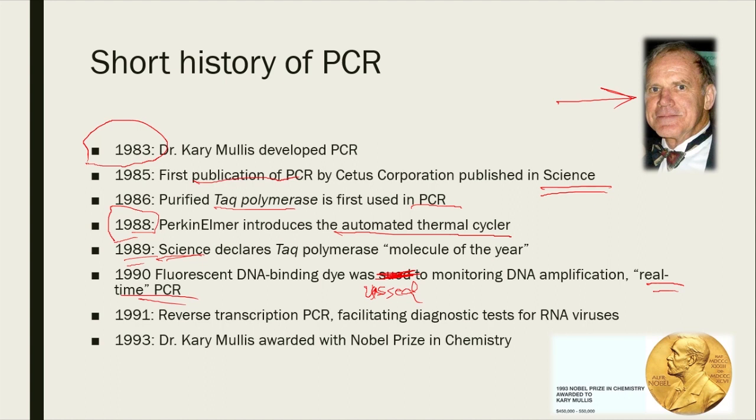And further down we have reverse transcription PCR. This technology really helped to diagnose RNA viruses. The most discussed RNA virus these days is COVID-19, or SARS-CoV-2, whatever name they call it.